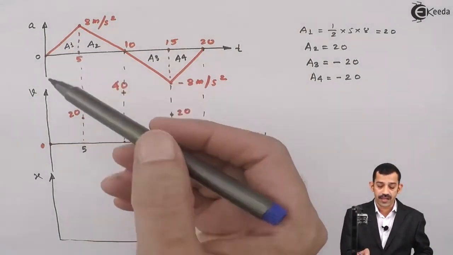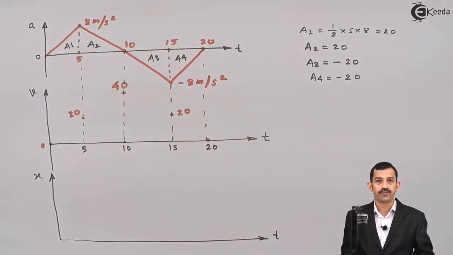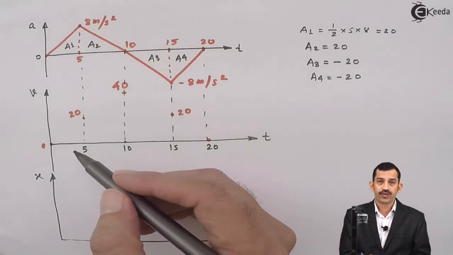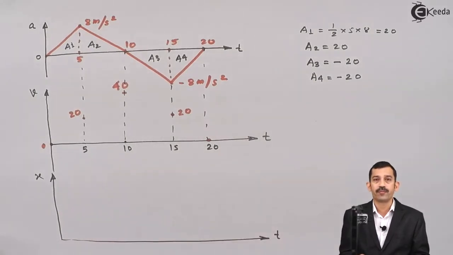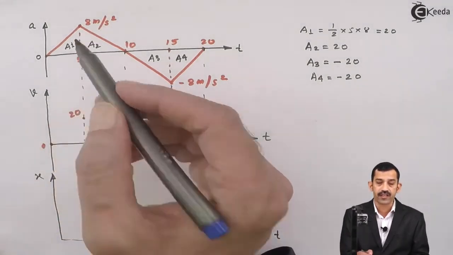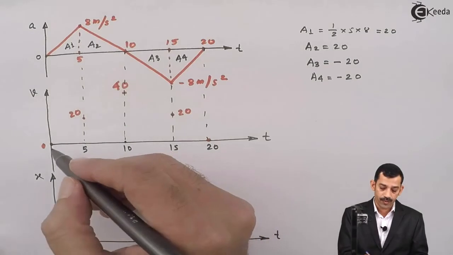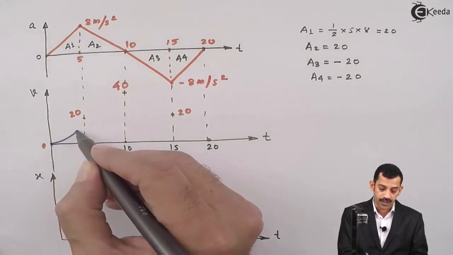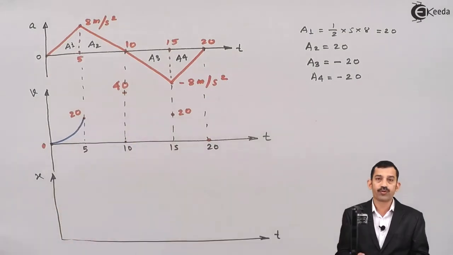Here it is an inclined straight line, that means the nature of the curve is parabolic, and we will represent a curve such that the slope of the VT diagram must increase in positive direction. The reason is that acceleration is increasing in positive direction. Therefore, we represent this as a curve which is parabolic in nature, and for this curve, the slope increases in positive direction.